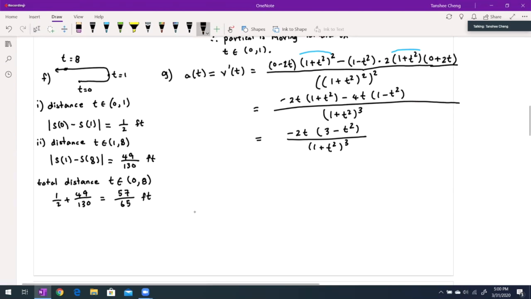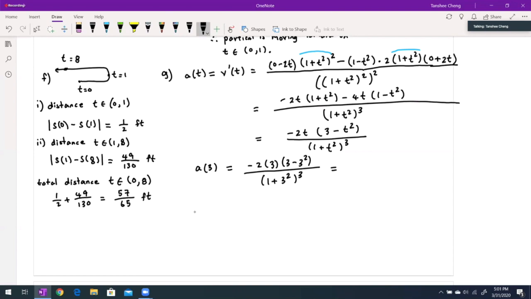Now, for the second part of this question, we want to find the acceleration at 3 seconds. So basically, I want to substitute into this function right here, which is negative 2 times 3, times (3 minus 3 squared), over (1 plus 3 squared) to the third power.